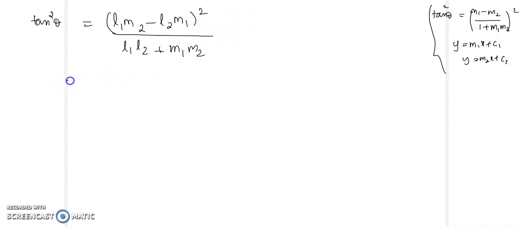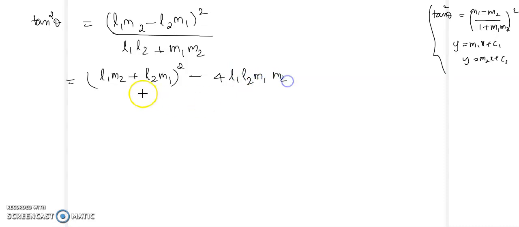And now the numerator can be written as L1 M2 plus L2 M1 whole square minus 4 L1 L2 M1 M2, like A plus B whole square minus 4 AB, by L1 L2 plus M1 M2, and here also that's a square.